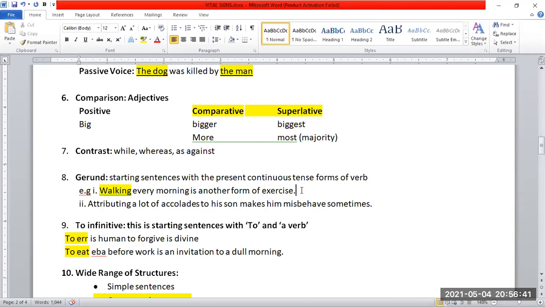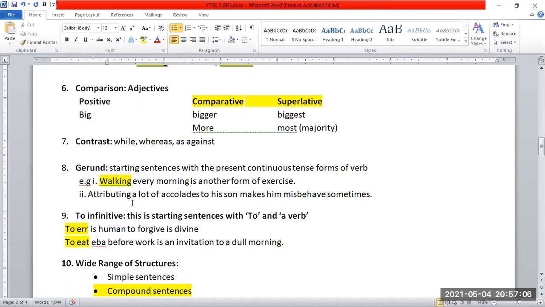That's a gerund. Attributing a lot of accolades to his son makes him misbehave sometimes. So starting a sentence with the ing format of the verb is a gerund. So I hope that is taken too.